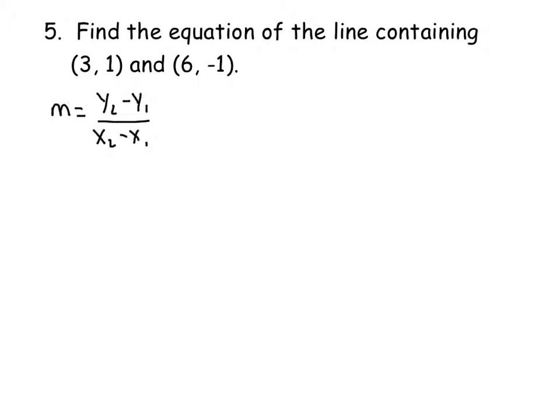As a nice way of organizing your work, above these points go ahead and write x1, y1, x2, y2, because now all you're doing is plugging in. So we have -1 minus 1 over 6 minus 3, which gives us a slope of what?